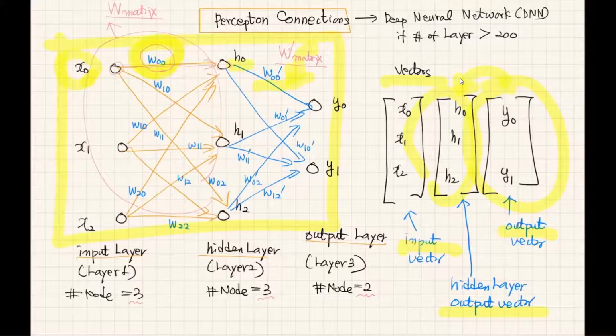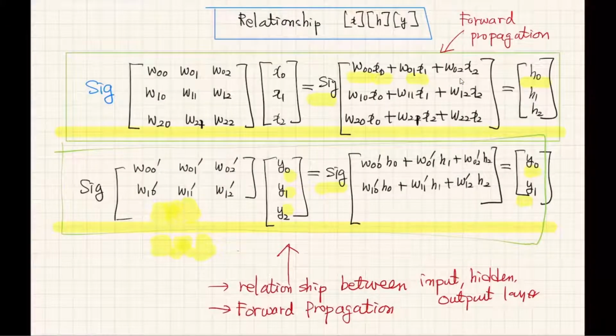So the output of each layer can be described by vectors: input vector, hidden vector, and output vector. Let me describe the connection of these output vectors with this matrix W. That is what we have done on this page.